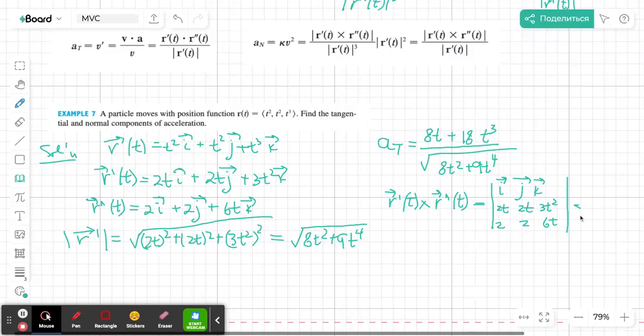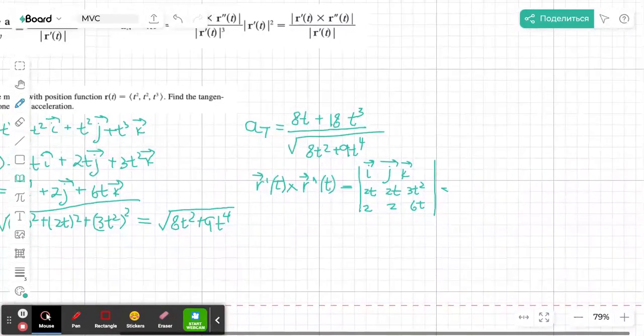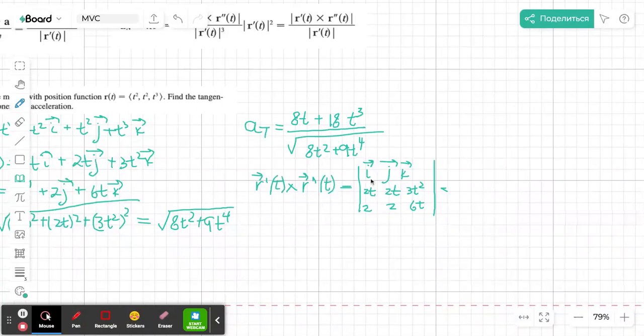So we get i times 2t times 6t, so that is 12t squared i, plus 3t squared times 2, 6t squared j, plus 4t k, and then minus, we subtract those diagonals. k times 4t, oh, 4t k, so those will cancel right away.